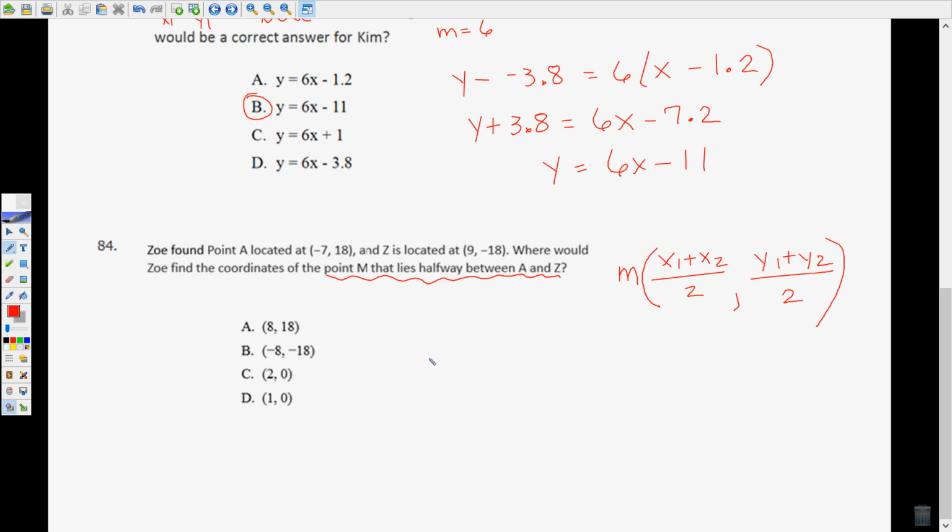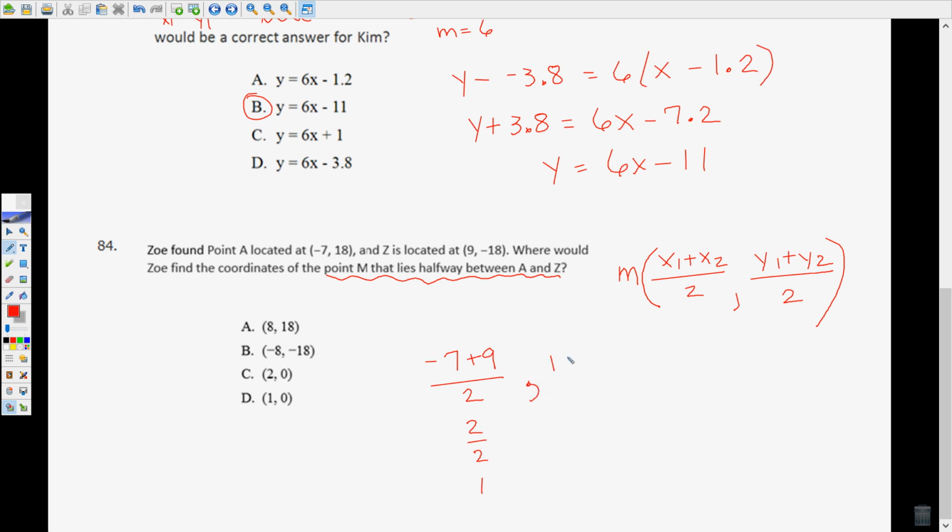So let's do it. We've got negative 7 plus 9 divided by 2. So that gives me 2 over 2, which is 1.